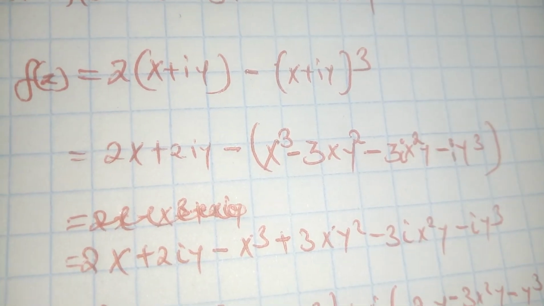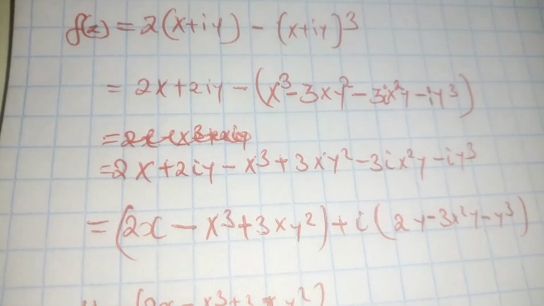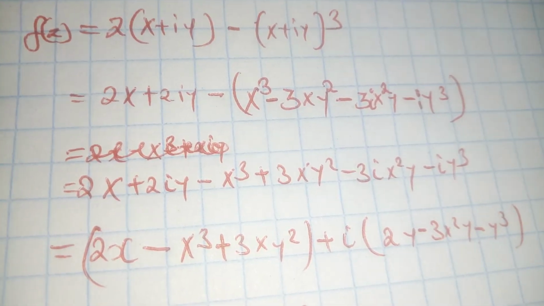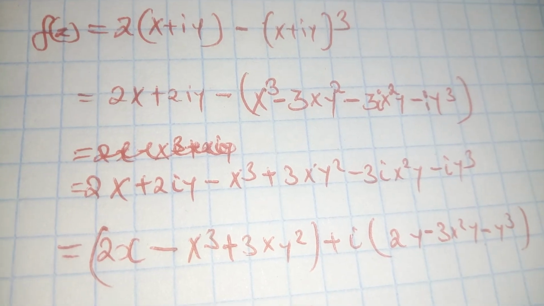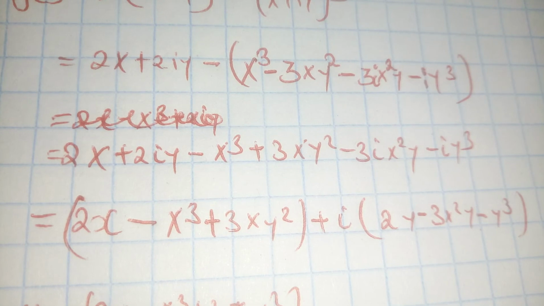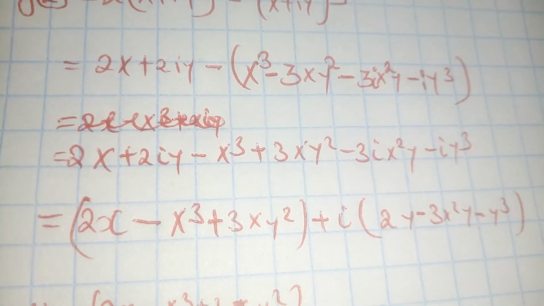Right, solving the equation and collecting like terms, we will have 2x minus x cubed plus 3xy squared plus i into 2y minus 3x squared y minus y cubed.